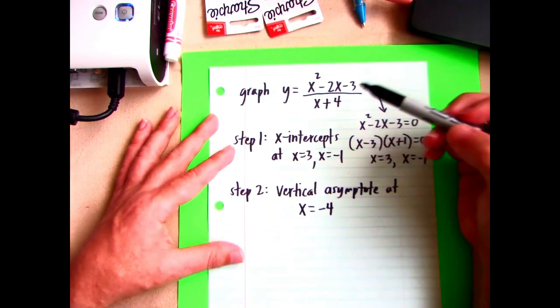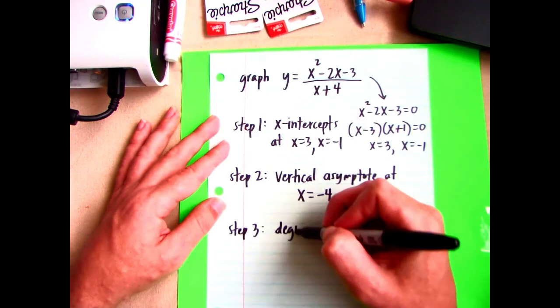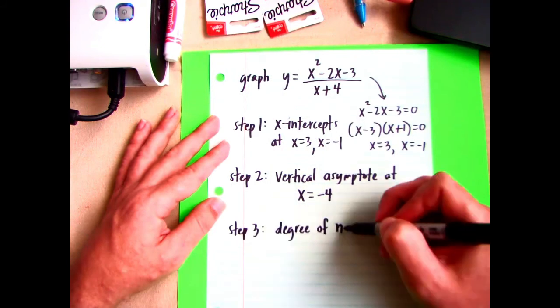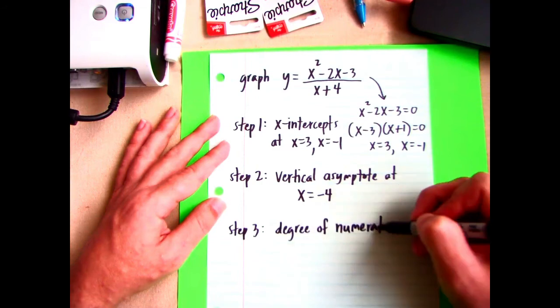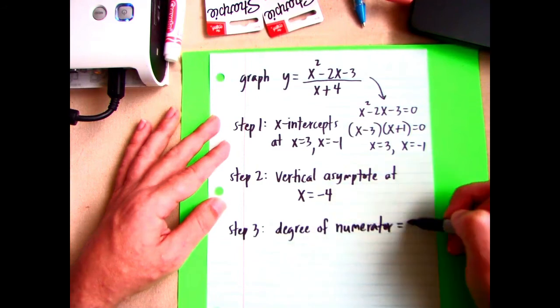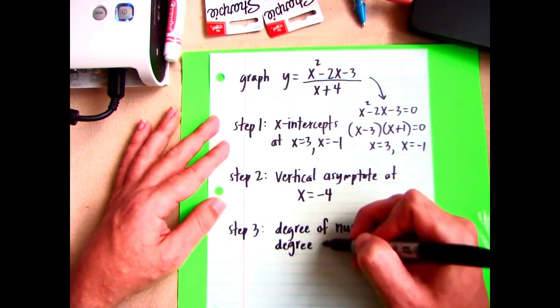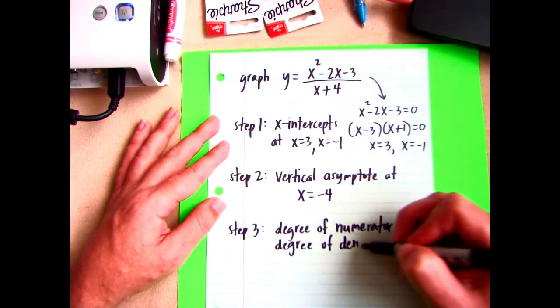Step 3, we look at the degrees of the numerator and denominator. The degree of the numerator is 2. Highest power of x is 2. And the degree of the denominator is 1. So when we compare those degrees, 2 is greater than 1. Our numerator degree is greater than our denominator degree.